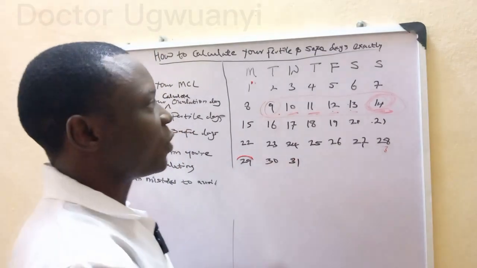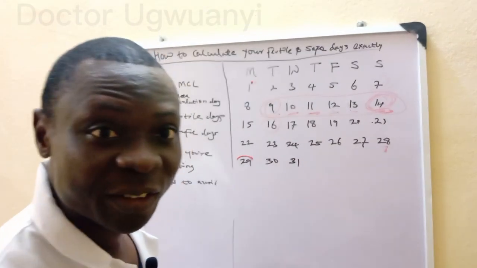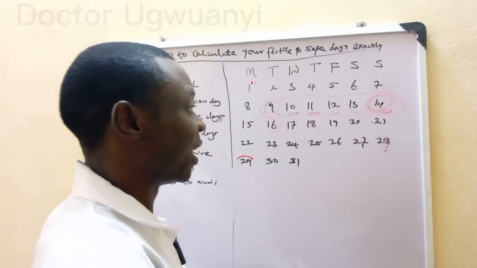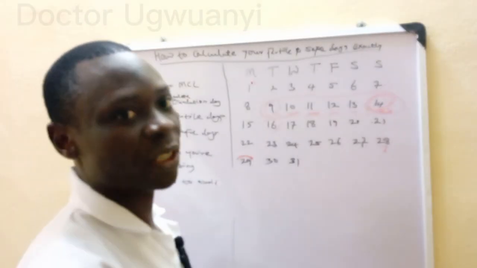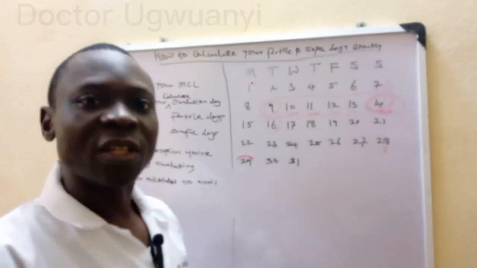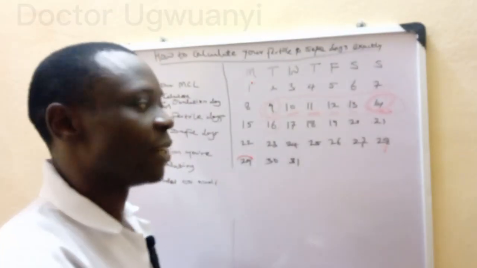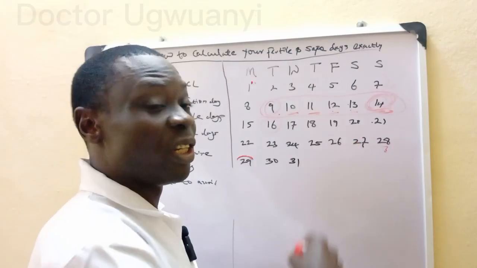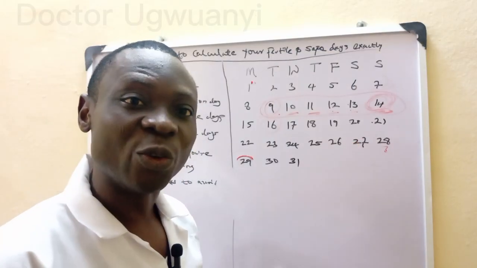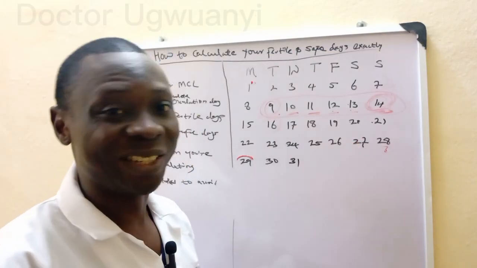And some people also use this calendar method for calculating fertile days and safe days when they have an irregular menstrual cycle. Like I said before, you will get faulty results, because during an irregular menstrual cycle, your ovulation is not predictable.